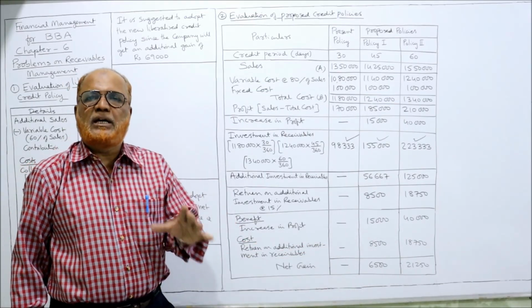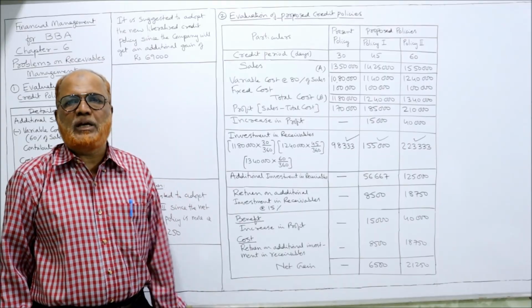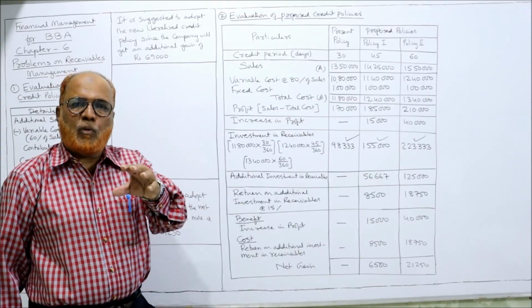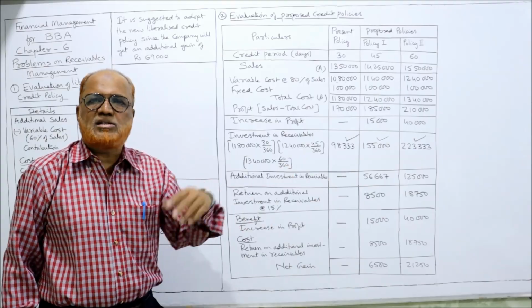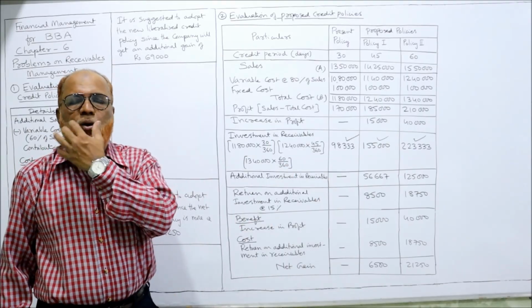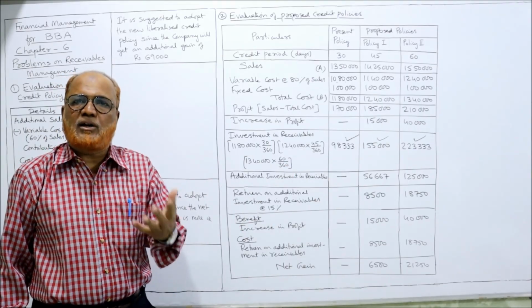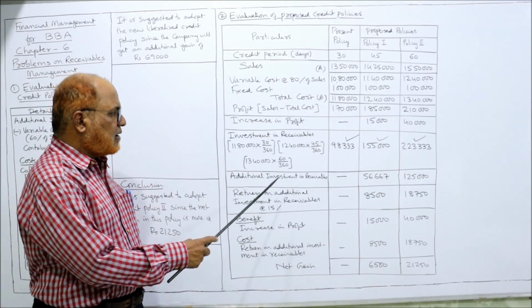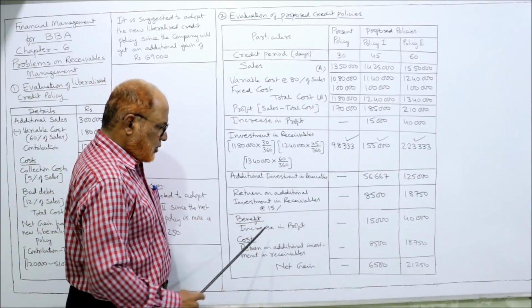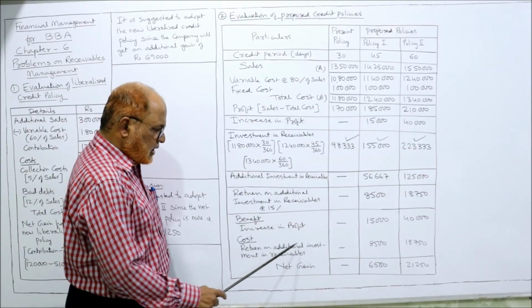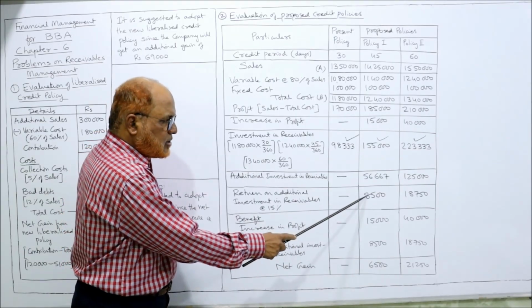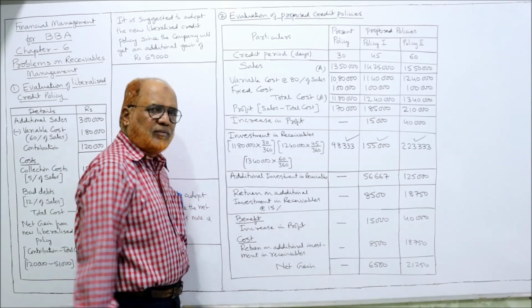From that we deduct the cost we have to incur, because we are borrowing the money and investing in receivables. So we have to pay the borrowing cost, at the rate of 15%. So we have calculated 8,500. The cost is the return on additional investment in receivables, 8,500 and 18,750.